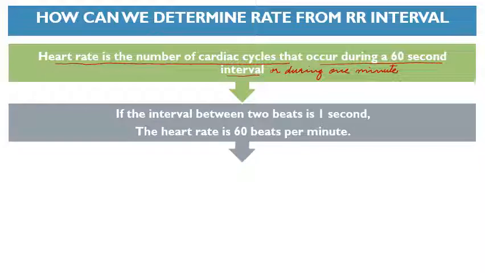If the interval between two beats is 1 second, then the heart rate is 60 beats per minute, means 60 times heart beats in 1 minute or 60 seconds.